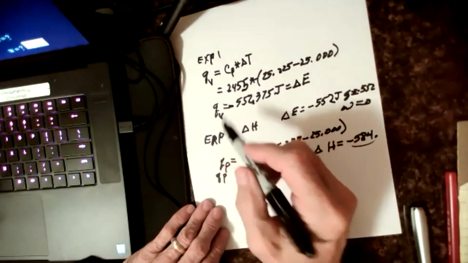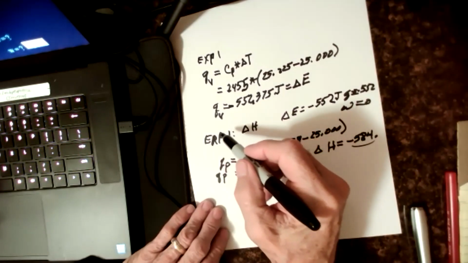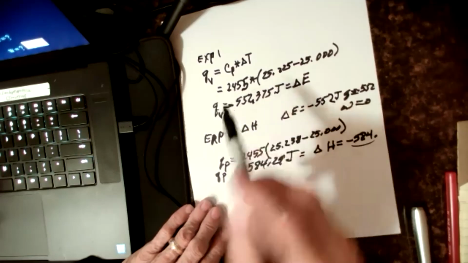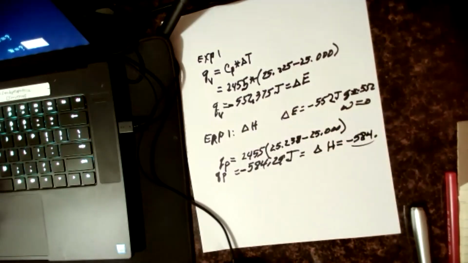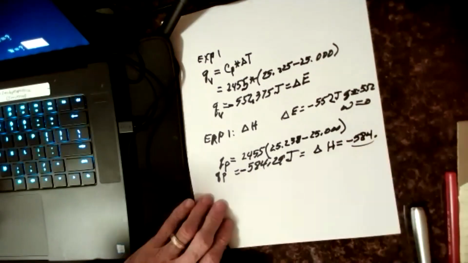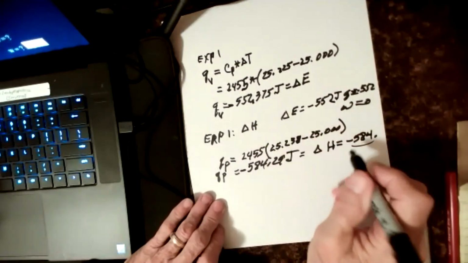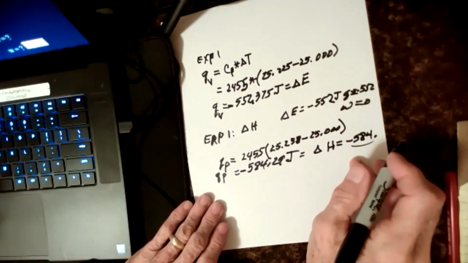What is delta H in the first experiment? I couldn't measure it, but I know what it is. It's a state function. I started with 1 mole of nitrogen and 3 moles of hydrogen, and I went to 2 moles of ammonia in both cases. I had the same starting point and the same ending point. So that is a state function.